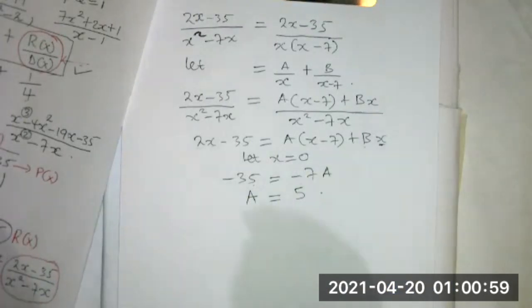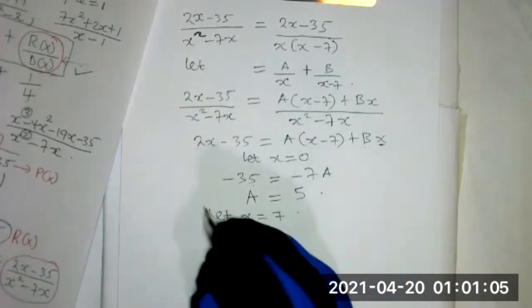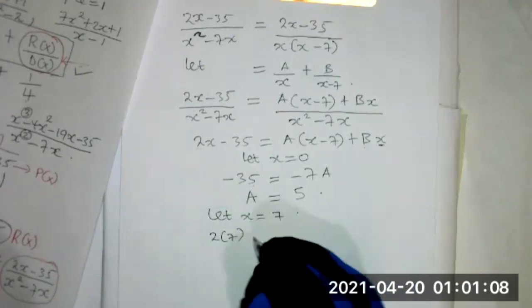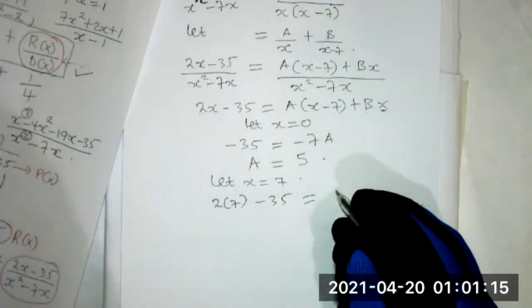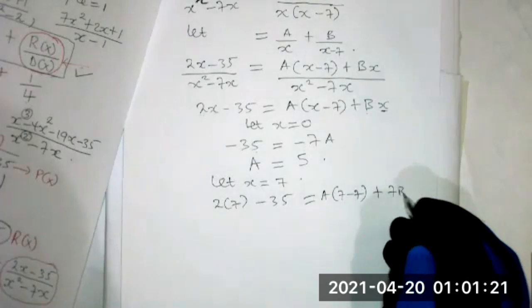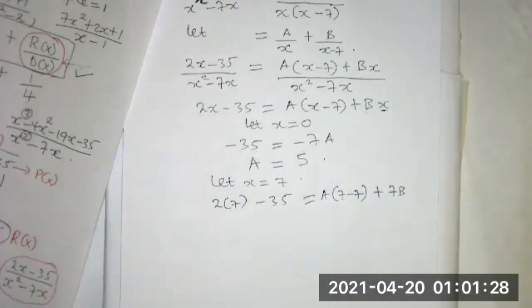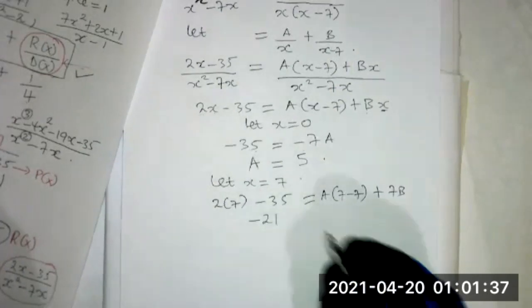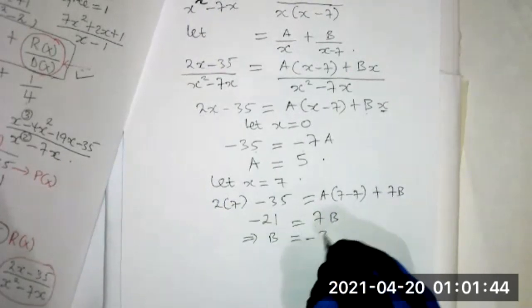And if we let x be equal to 7, we will have 2 times 7 minus 35 equal to a(7 minus 7) plus 7b, which means we'll have 14 minus 35, that will give me minus 21 is equal to 7b, which implies that b is equal to minus 3.